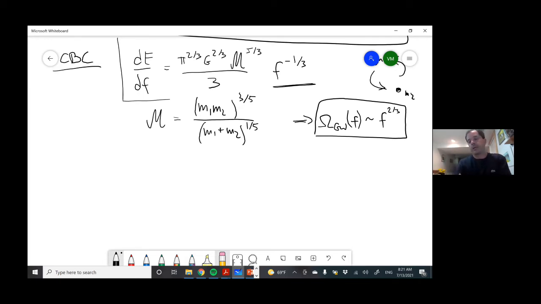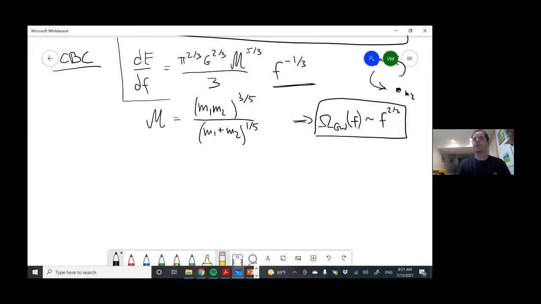However, it turns out that the merger for most of these compact binaries that we're looking at here happens at relatively high frequencies, hundreds of hertz or even in the kilohertz range. And that's quite a bit outside of our sensitivity region.